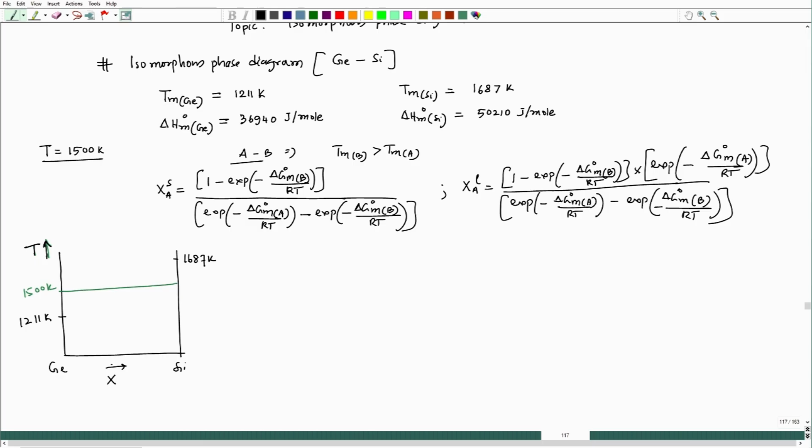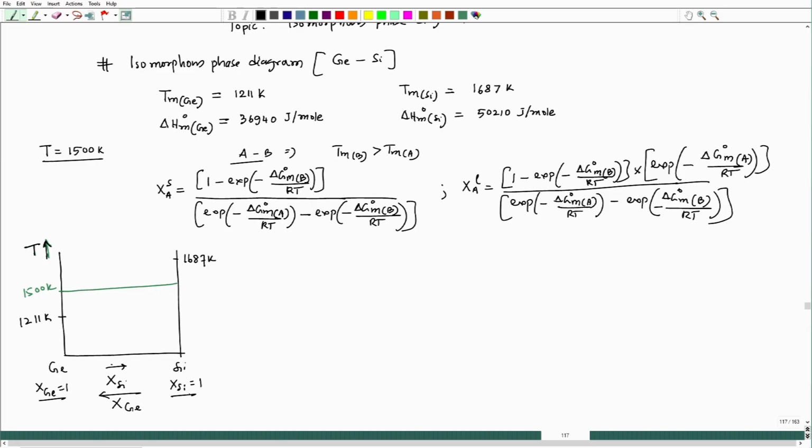This axis is X silicon, and this axis would be X germanium. Here pure X silicon equal to 1, and on this side X germanium equal to 1.